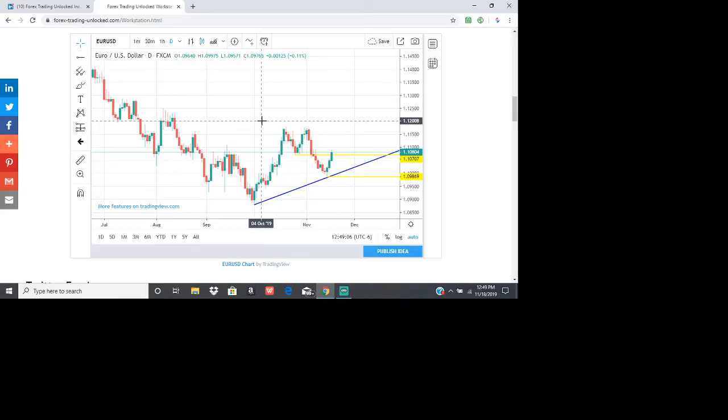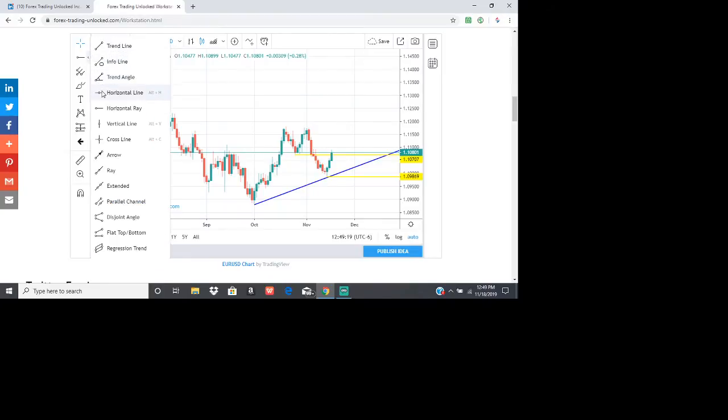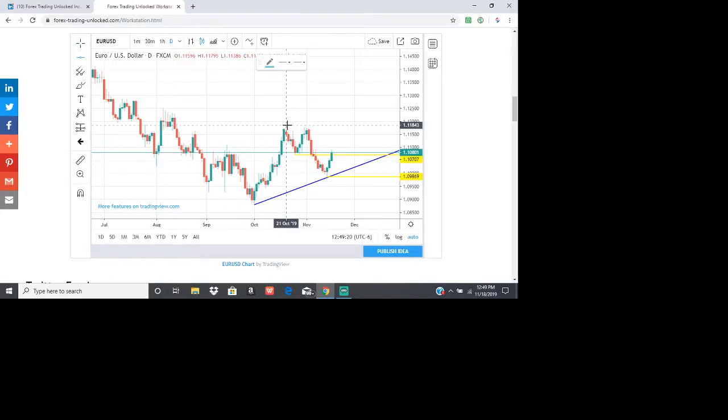Remember, we had a rejection here, so this was the swing high right up here. Now this here obviously would be a very bullish crossover pivot, and for that, we're going to put a horizontal line. So these are our breakout levels. Let's give this a little bit of a darker look so you can see it.